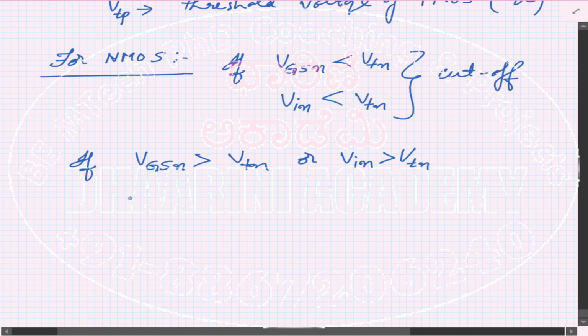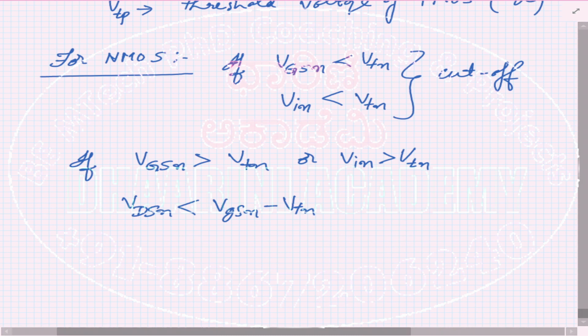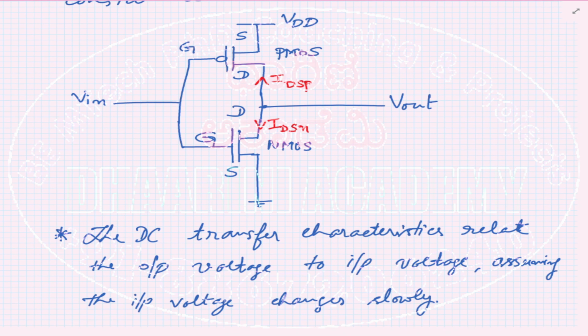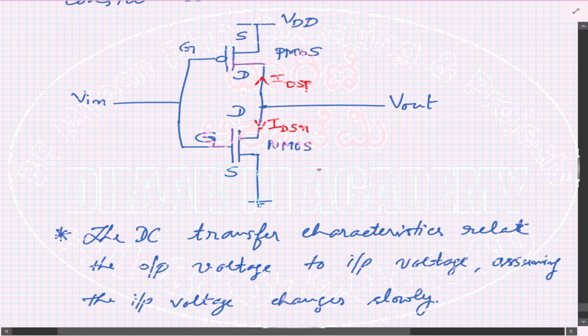If you remember, VDS of the NMOS should be less than VGS of the NMOS minus the threshold voltage. So let's go back and check what the VDS is. VDS is measured between these two terminals, and it means it is V out itself.